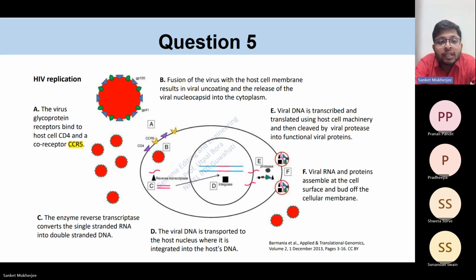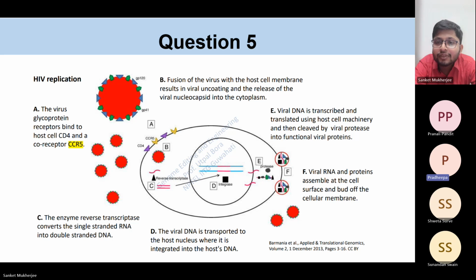So the virus binds to the glycoprotein receptors. If you can see here in the figure, the A section, it binds to the glycoprotein receptors of the host cell, CD4 and co-receptor CCR5. So which cells have CD4 receptors? Anybody who knows something about immunology?